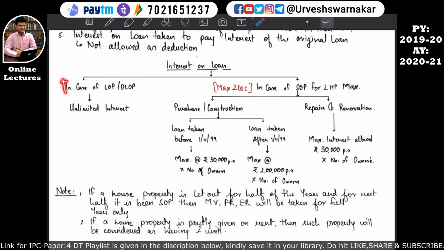So the first part of this chart, let out property and deemed let out property, is complete. The trickiest part in this chart is SOP, but the trickiest part is also a simple part. Don't worry, I have made it simple for you all.